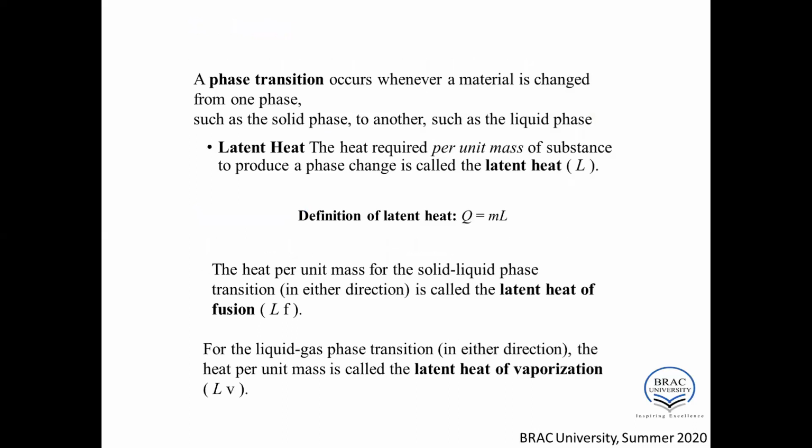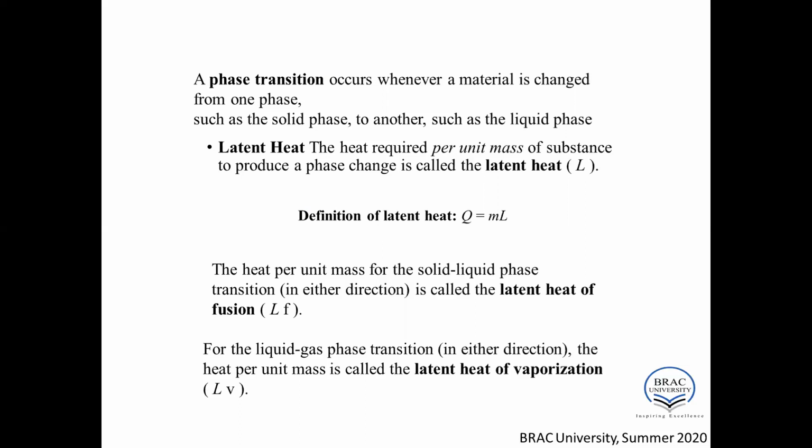Another thing is phase transition. If we apply some heat, sometimes there is no change in temperature, but there is a change in state. A phase transition occurs whenever a material is changed from one phase, such as the solid phase, to another, such as the liquid phase.